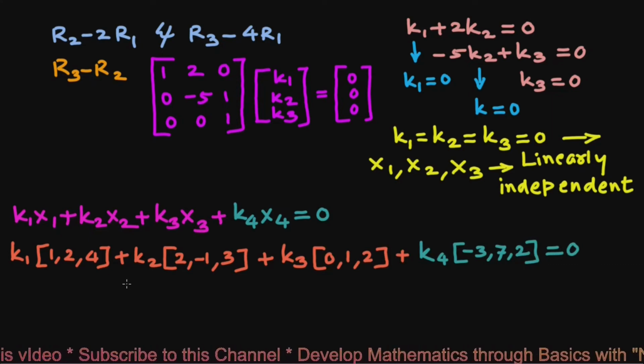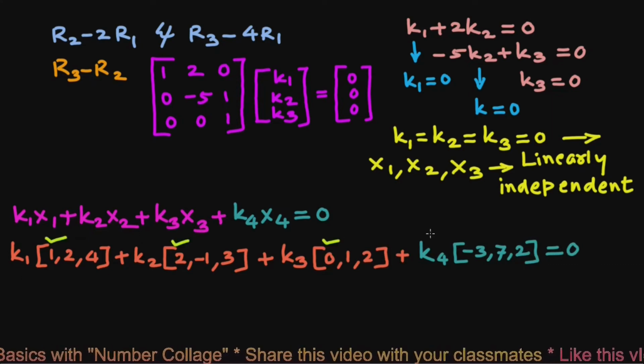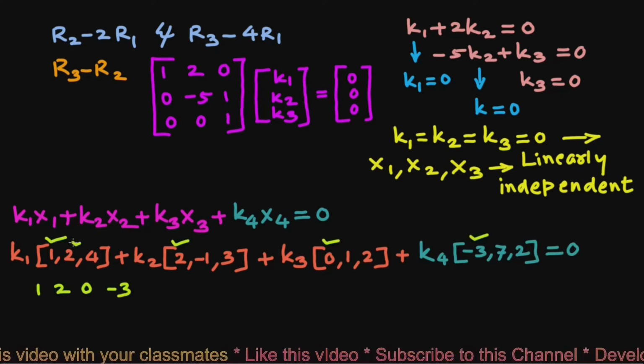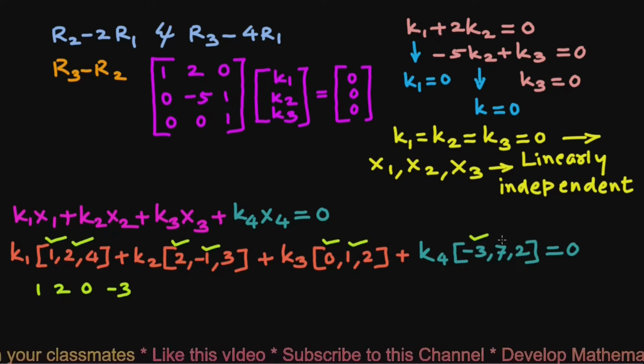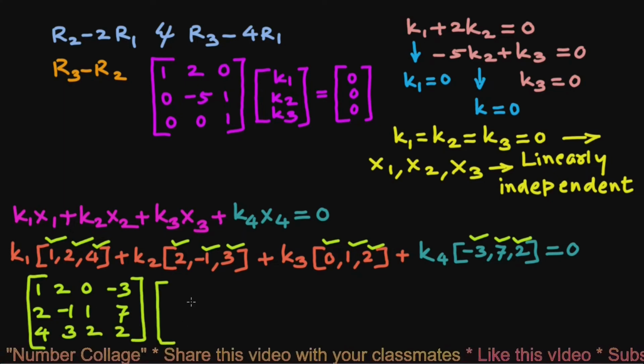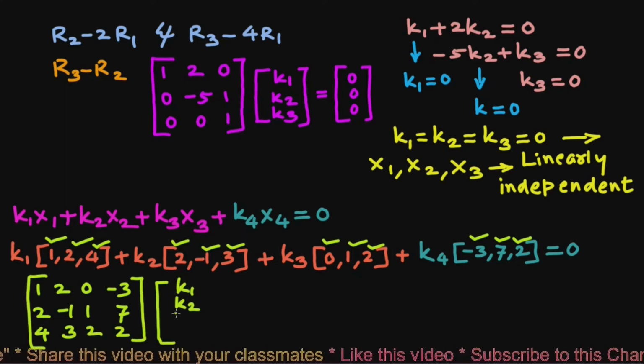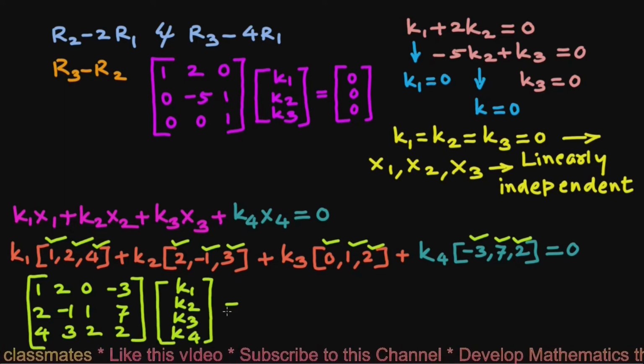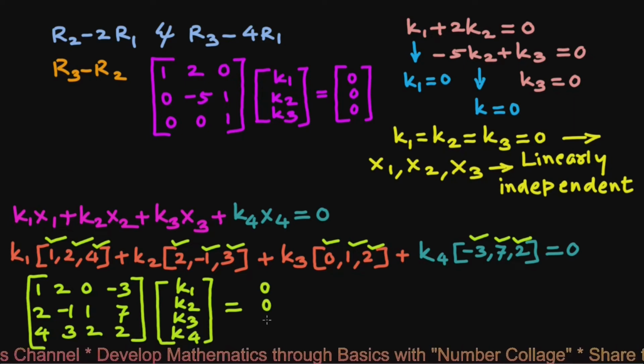The matrix equation will be [1, 2, 0, -3; 2, -1, 1, 7; 4, 3, 2, 2] into (k1, k2, k3, k4) equals (0, 0, 0).